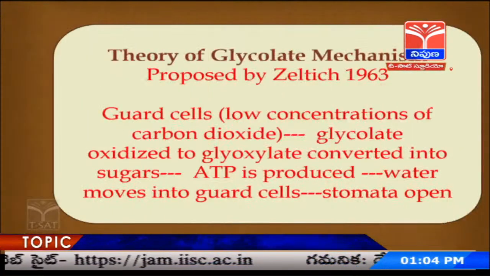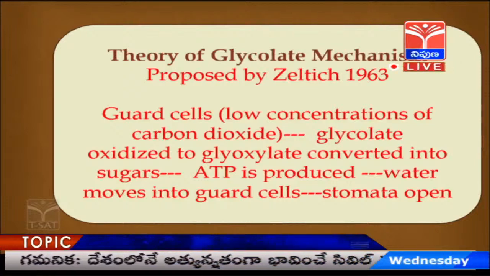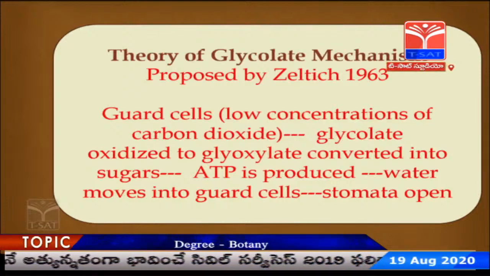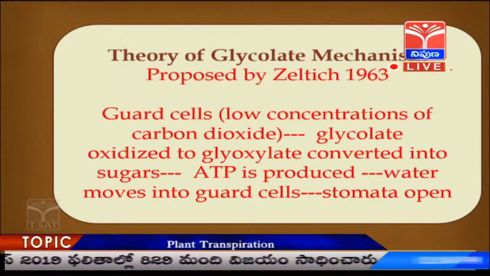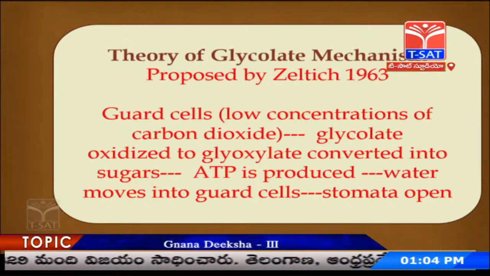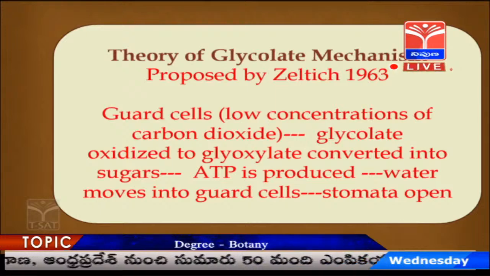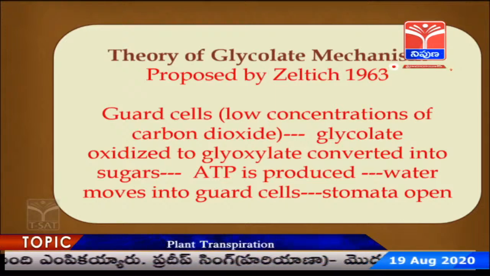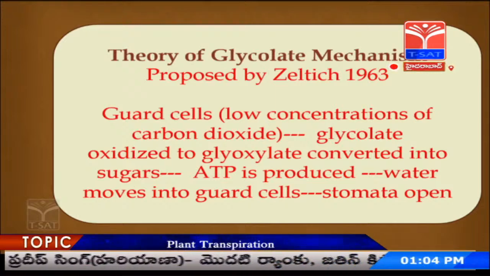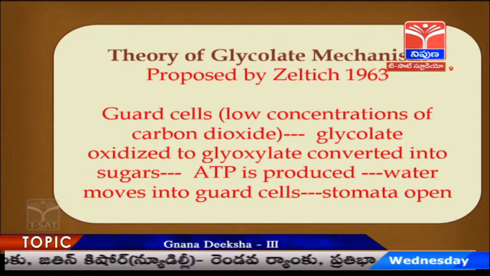Now, let us look into another related theory called the glycolate mechanism. This was proposed by Zelitch, and he said that when the concentration of carbon dioxide is less in the leaves, in the guard cells the glycolate is oxidized into glyoxylate, and this glyoxylate is further converted into sugars along with ATP that is being produced.